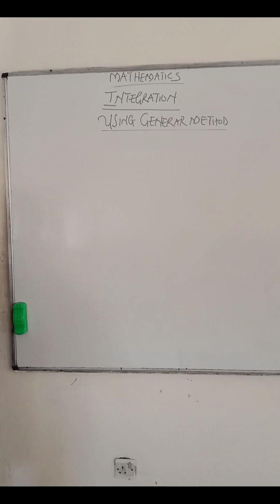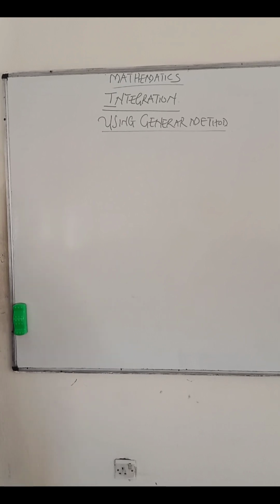So integration by general method. Now, I've told you that whenever you want to do integration, you have some rules that you must follow. And the rules are going to pop onto the screen. Please take note of those rules as we keep going forward.